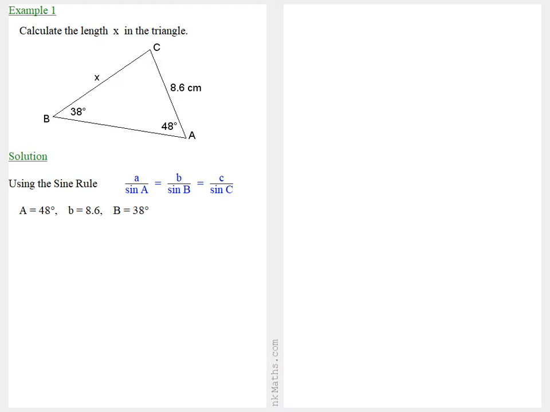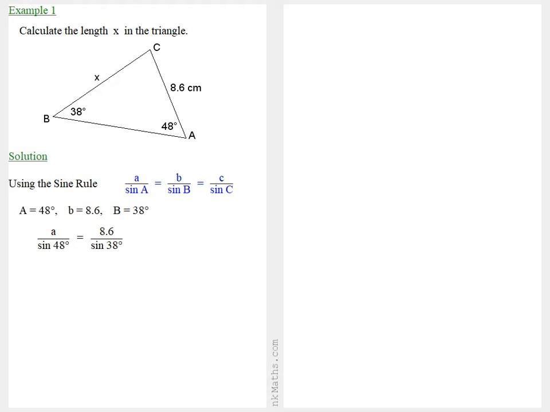Now we have the angle A is 48 degrees, the side b is 8.6 centimetres, and the angle B is 38 degrees. So using a over sine A equals b over sine B, we have a over sine 48 degrees equals 8.6 over sine 38 degrees.